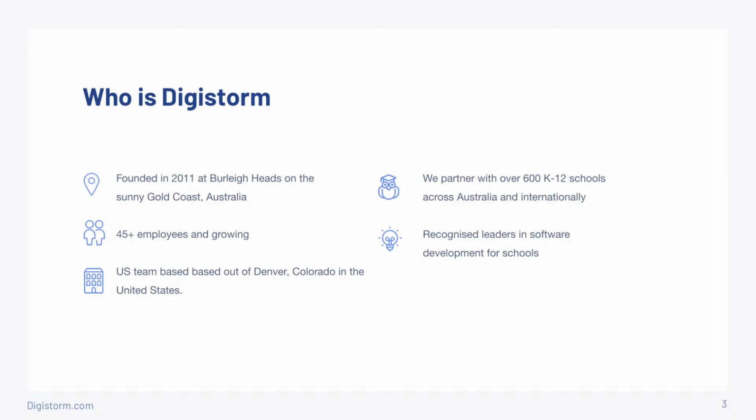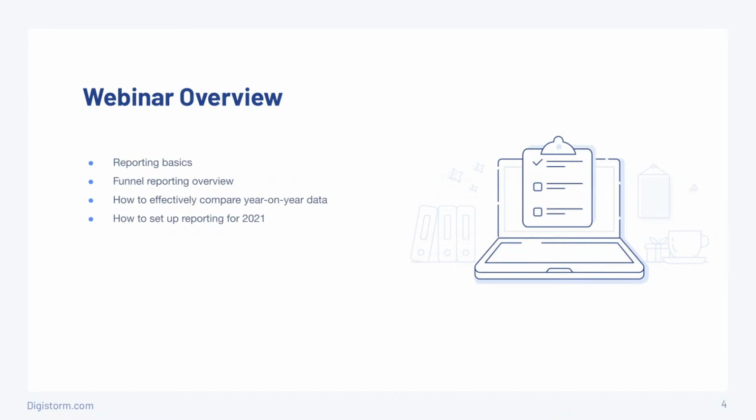So today's webinar, as I mentioned, we will cover off some reporting basics. So just some high-level information about setting up reports and what's involved with asking the right questions to give you more of a direction about what you're looking for in your reports. We'll give a funnel reporting overview, so what it looks like within funnel itself and how to get the best out of your funnel reporting module. And we'll also then dive into some specific reports that really help with comparing data. So we'll go with 2019 versus 2020 for a majority of these.